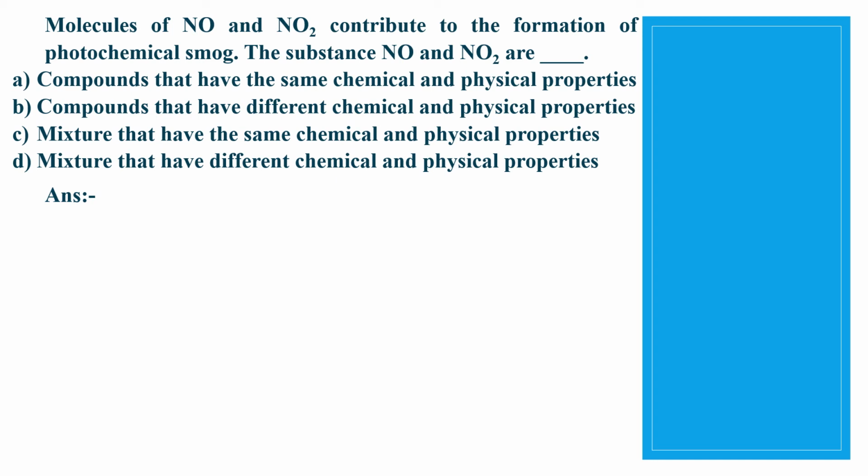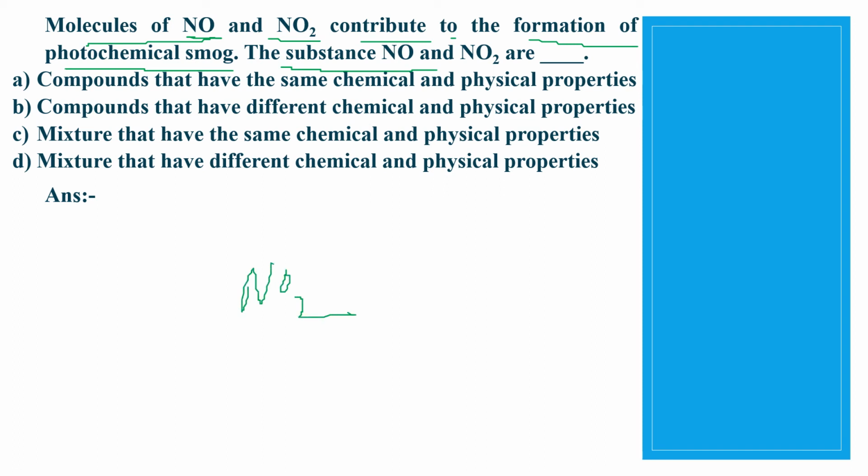Next, the molecules of NO and NO2 contribute to the formation of photochemical smog. The formulas of NO and NO2 are different, because NO2 is a reddish brown gas.